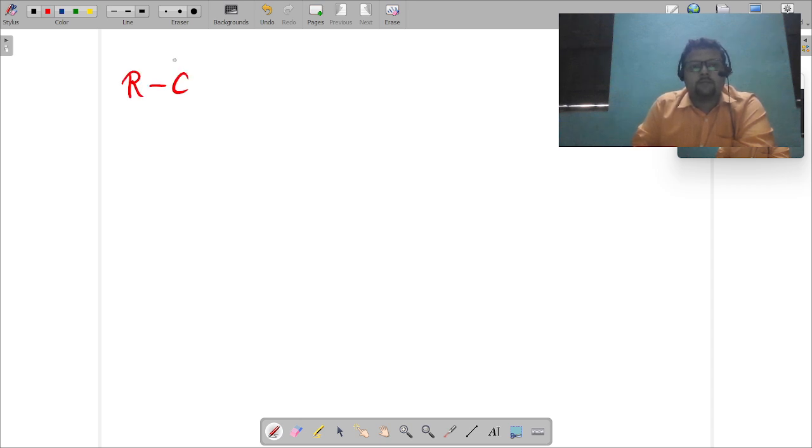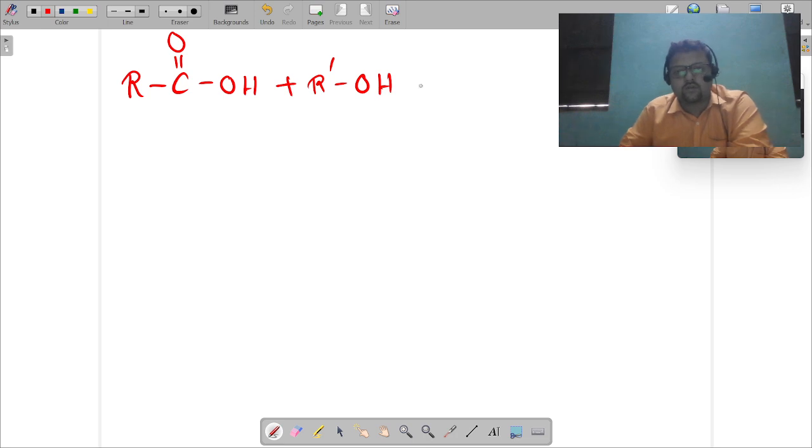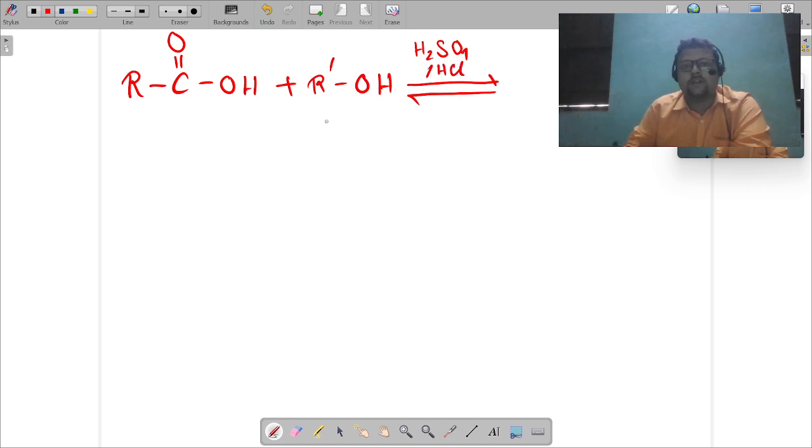Many of you may think that if we just mix a carboxylic acid and an alcohol, we will get the reaction done, but that is not quite true. Instead, we need to have an acid. To be specific, a mineral acid, let's say sulfuric acid or HCl, in trace amounts to catalyze this reaction.